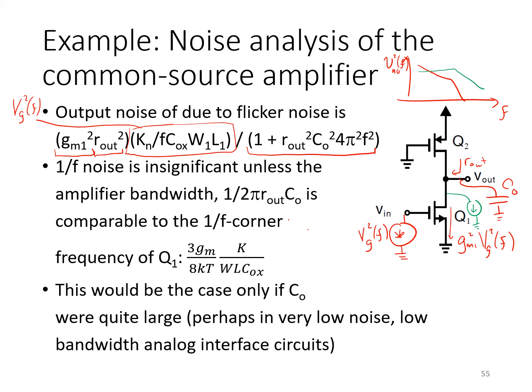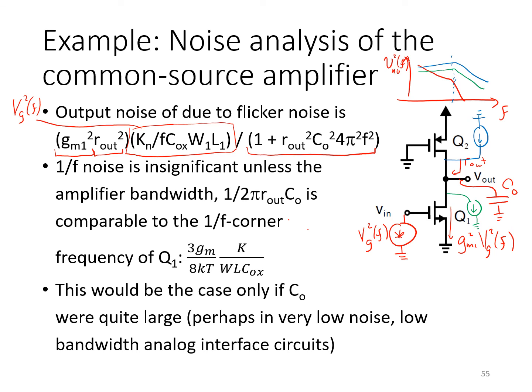And then you've got a similar looking one due to the thermal noise of Q2, and that may be more or less than that due to Q1, but they've all got the same corner frequency determined by the single time constant at the output.